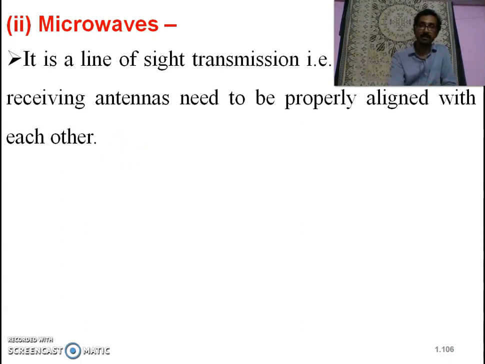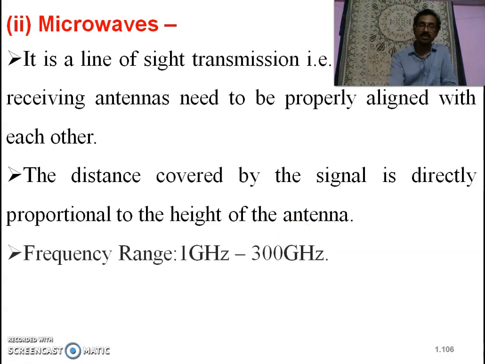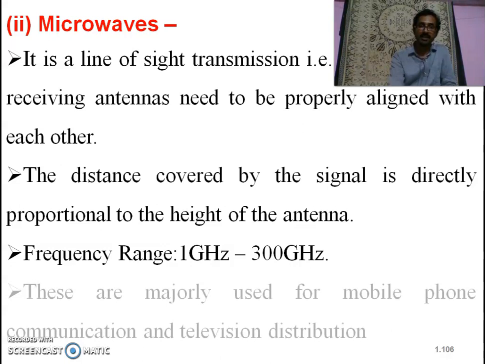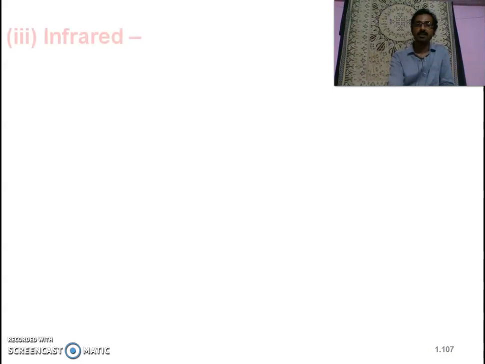The distance covered by the signal is directly proportional to the height of the antenna. The frequency range is 1 GHz to 300 GHz. These are majorly used for mobile phone communication and television distribution.